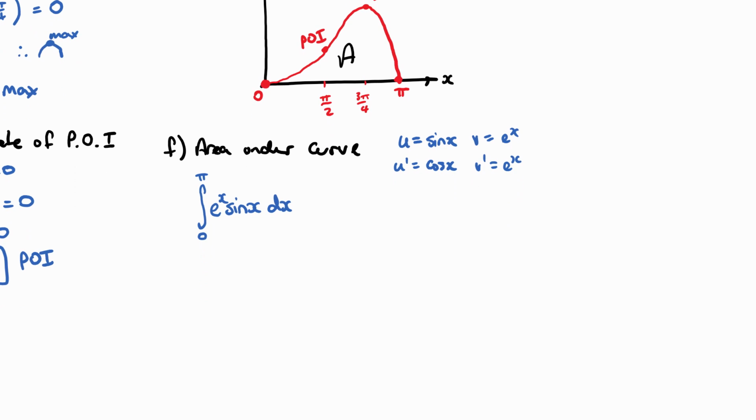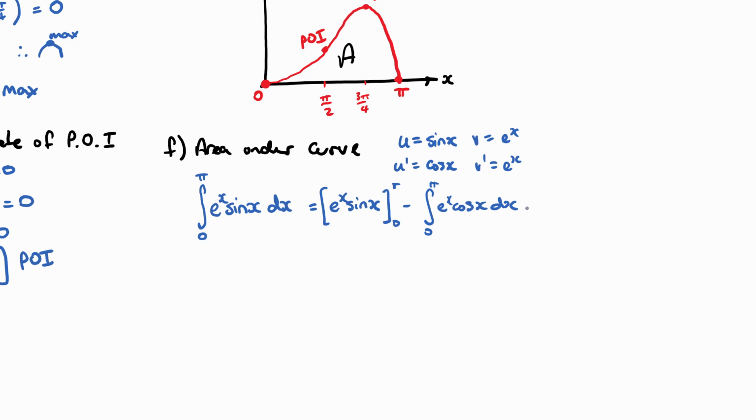So the way we solve this is going to be the formula uv, so u times v, it's going to be e to the x sine x, and we'll have our limits of pi and 0, minus the integral between our same limits of pi and 0 of v u dash, which is e to the x cos x dx.